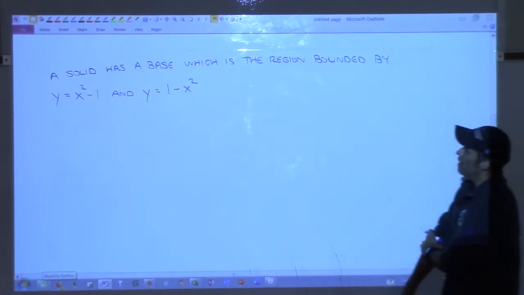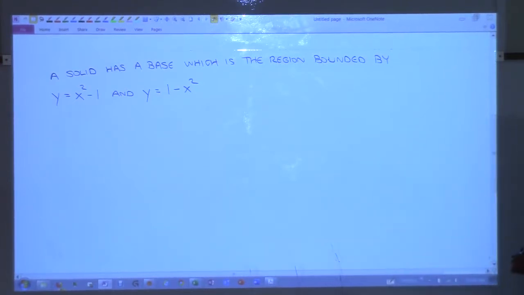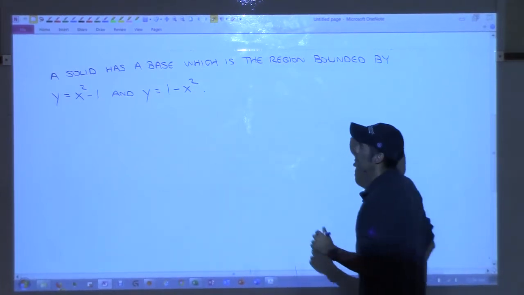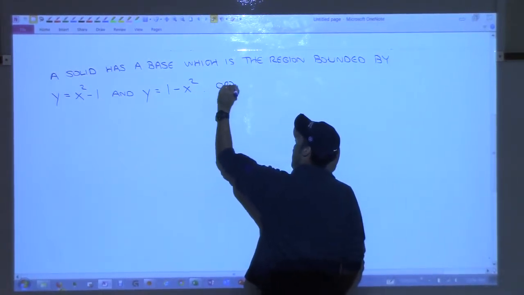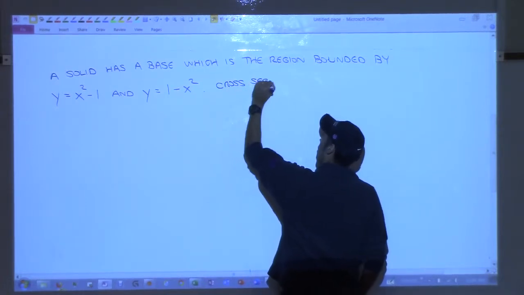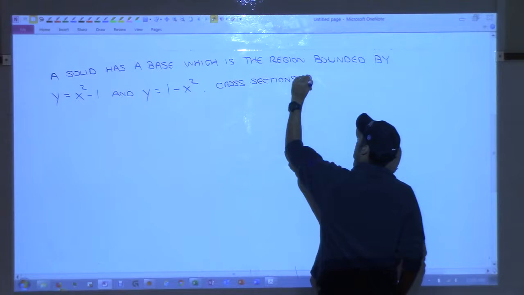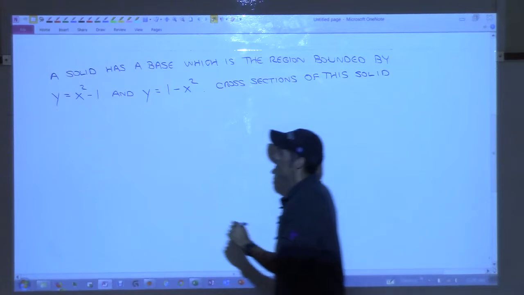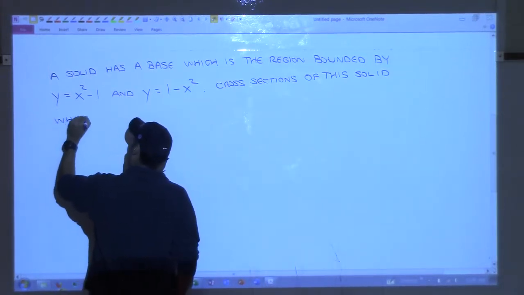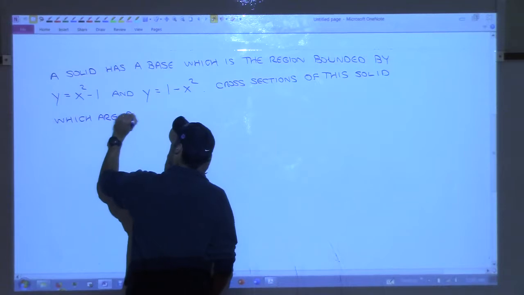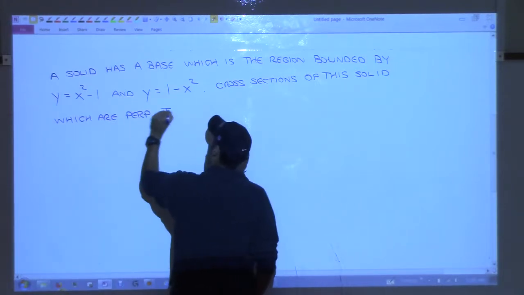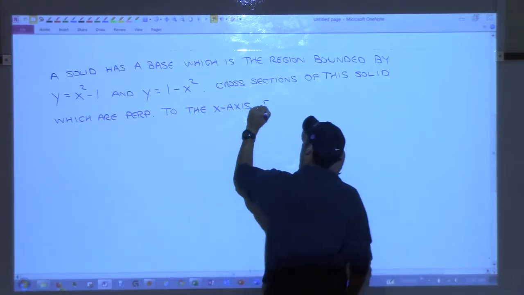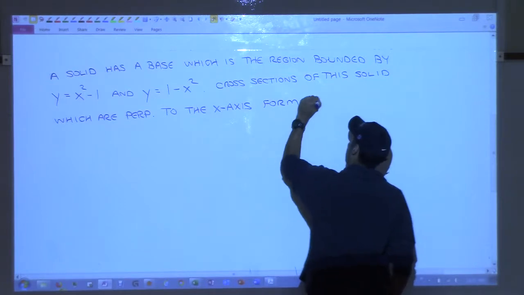Okay, a solid has a base which is the region bounded by those two curves. All right? Now here's the weird part. Cross sections of this solid which are perpendicular to the x-axis form squares.